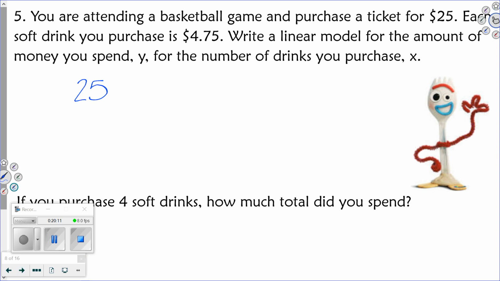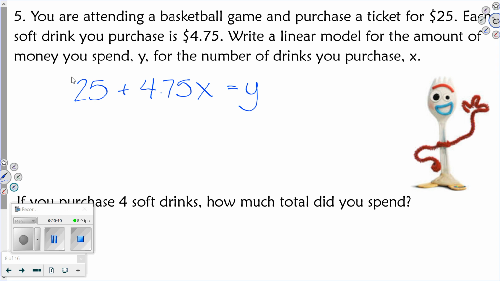That doesn't change, right? That's just my ticket, 25 bucks. And then each drink I purchase is $4.75, so it's going to be $4.75x. What's going on with my cost of my ticket and my drinks? I'm going to add them. And that's going to equal Y, which is my total amount of money I spent.